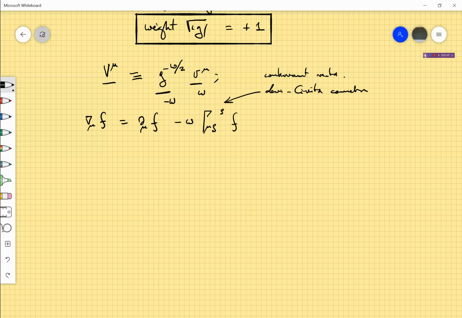Remember that the components of the Levi-Civita connection are the Christoffel symbols, and in particular gamma mu rho rho is nothing but the partial derivative of the log of the square root of the determinant of g. So clearly this term has to do with the part of the transformation rule that has to do with the density part.